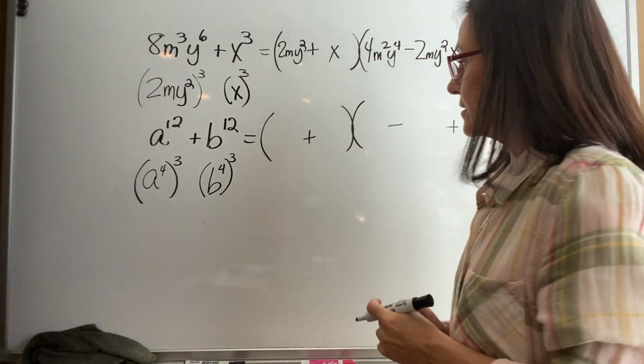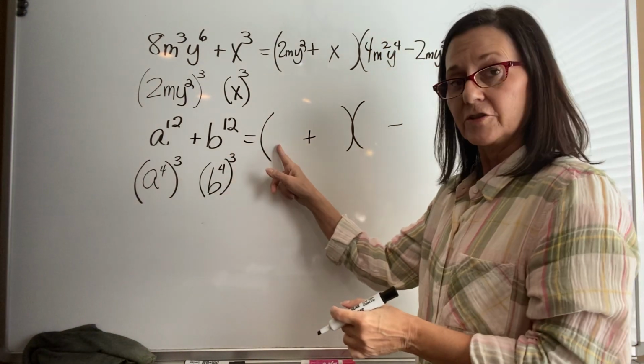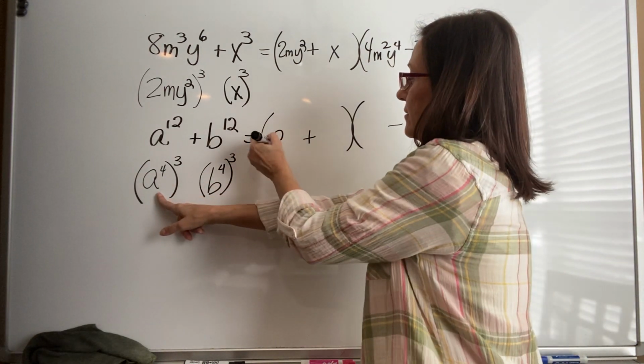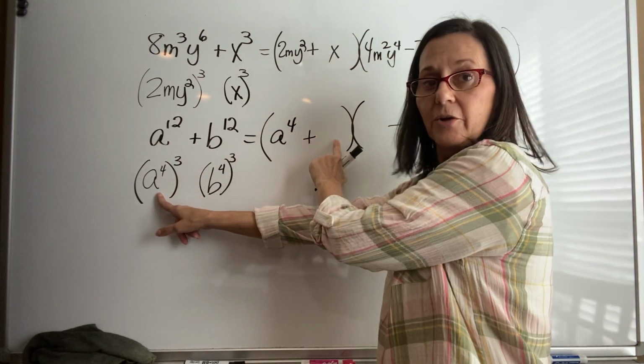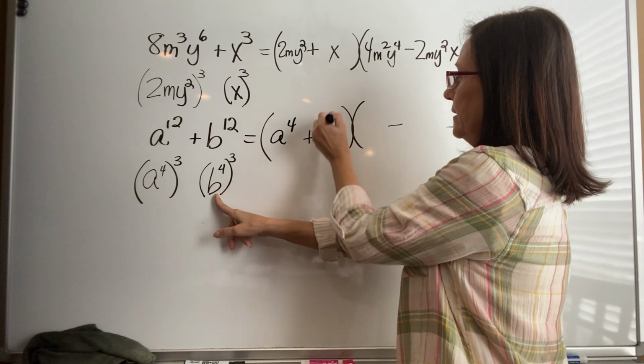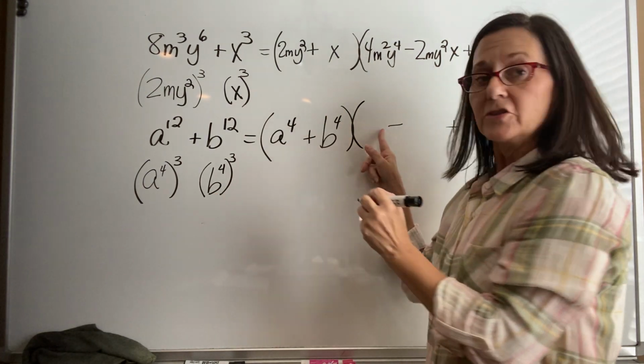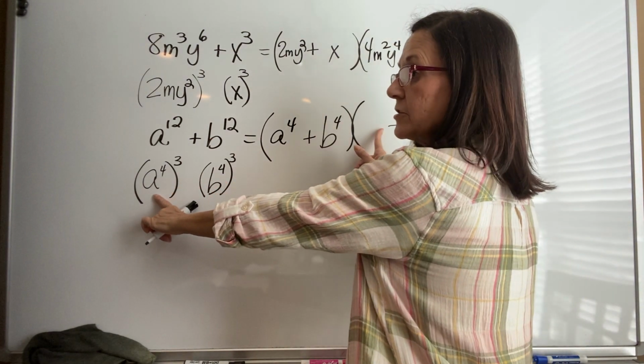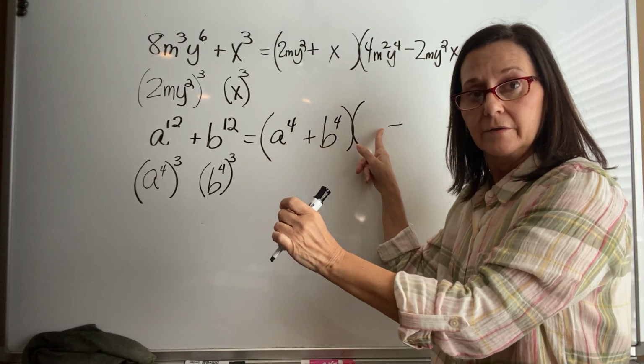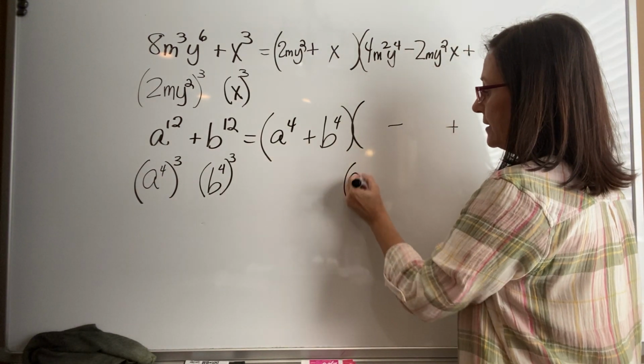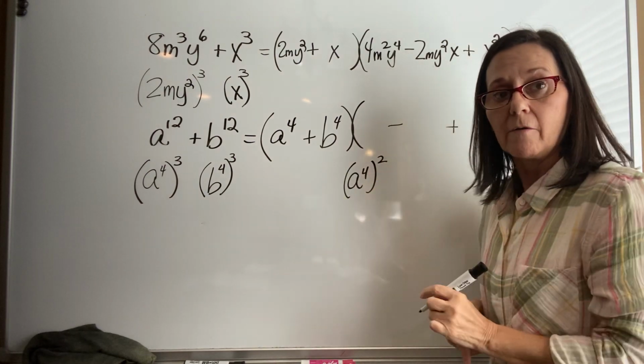So the first term in the binomial is just a to the 4th. The second term in the binomial is your b to the 4th. The first term in the trinomial is a to the 4th squared. Remember, power raised to a power, we multiply.